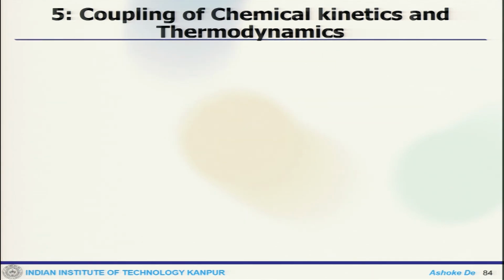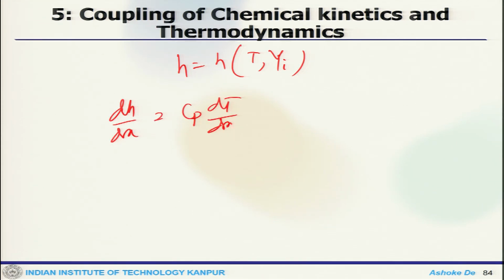Using the ideal calorific equation where h is a function of temperature and the mass fractions, dh by dx can be related to Cp dT by dx plus summation i from 1 to n of hi dyi by dx. So, this is 5.46.